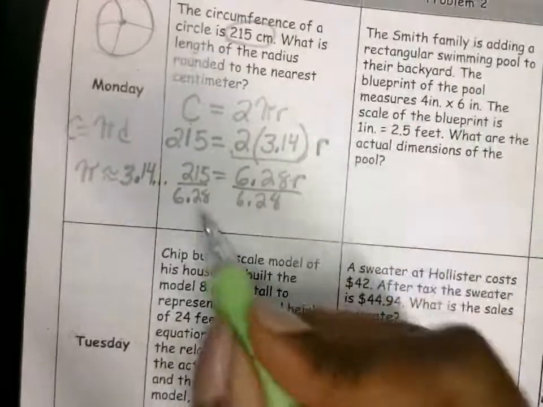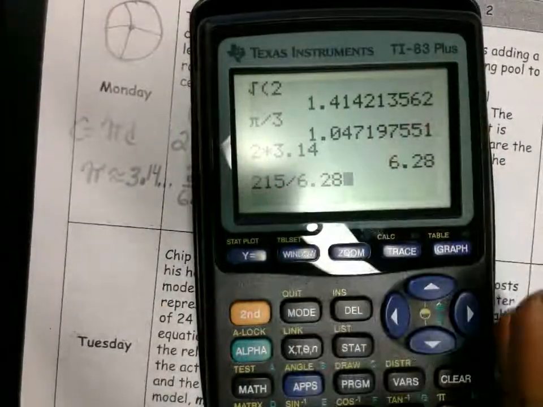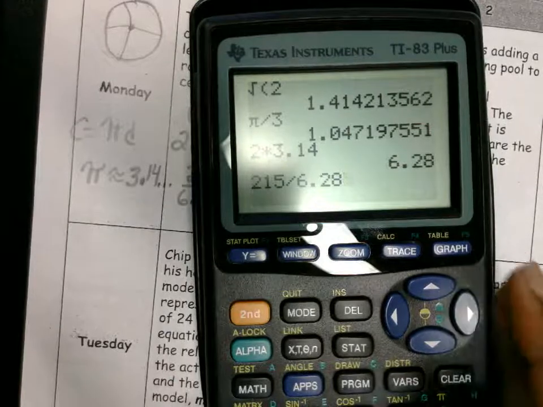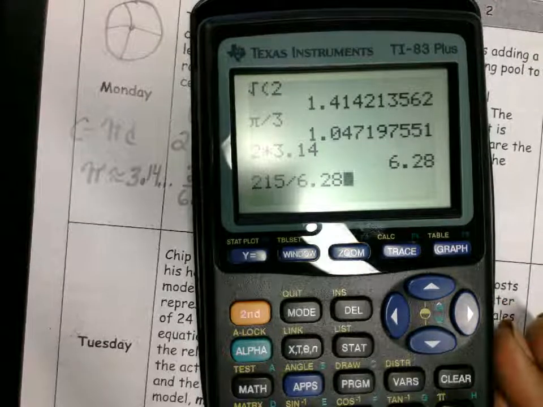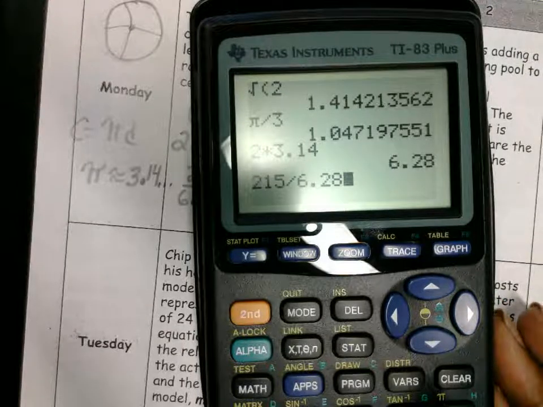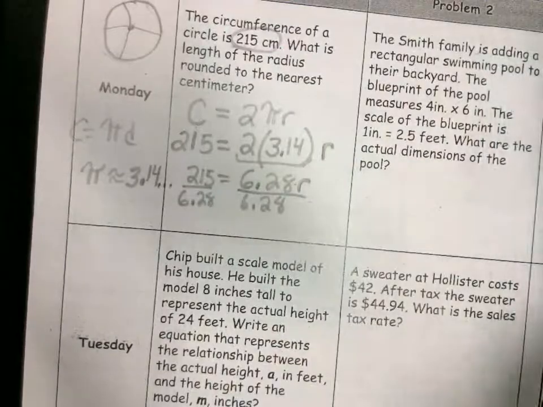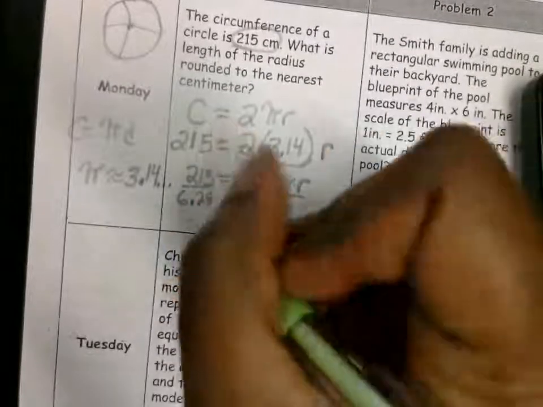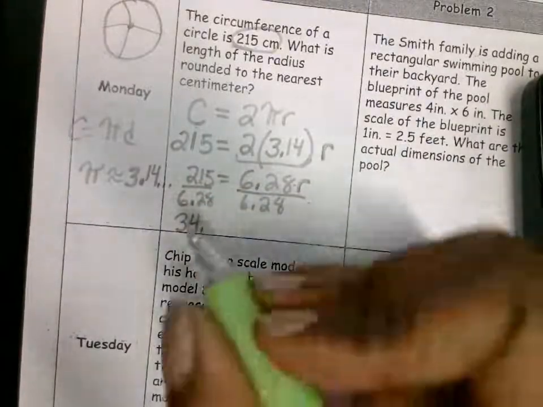And what do you get there when you divide? Kason, did you type it in? Julie, you typed it in? Samantha, you typed it in? What did you get? You said 34.23. Very good. 34, and we'll truncate. That means to cut a decimal off without rounding.